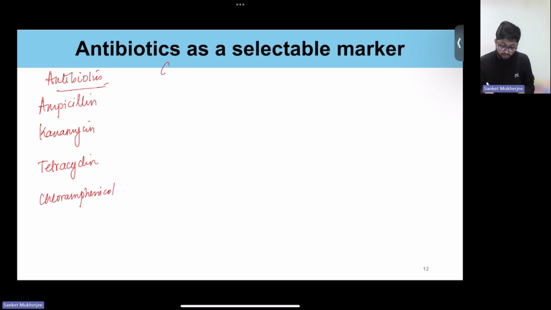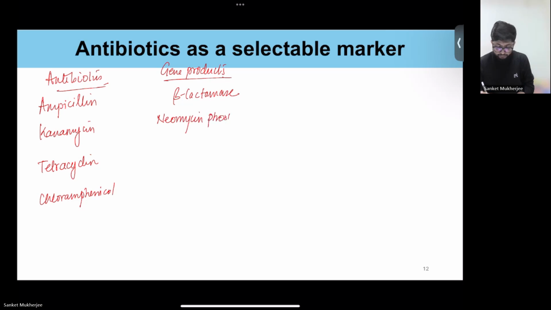The gene products are like beta lactamase, neomycin phosphotransferase, then there are ribosomal protection proteins.